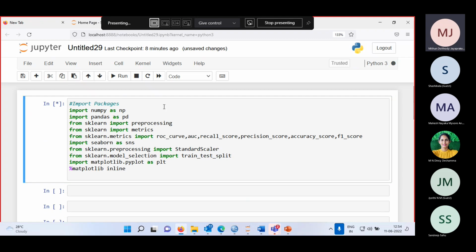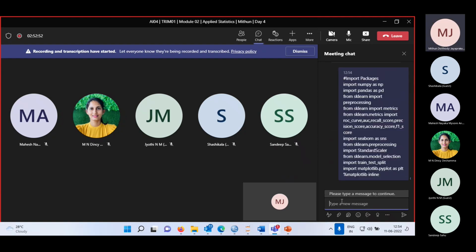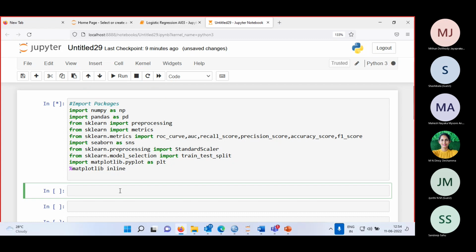Let's begin by importing some of the necessary packages. Okay, I pasted this code in the chat. You can pick it up from the chat.